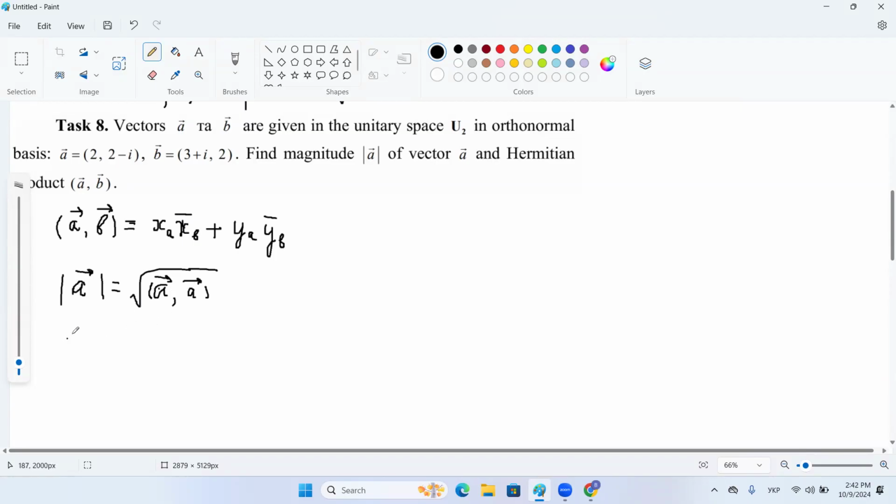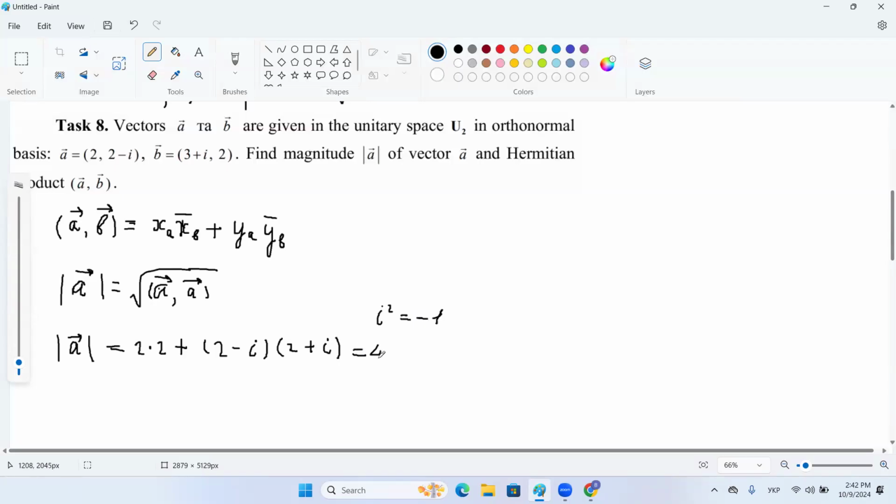So let's find the magnitude of vector A. We multiply 2 by 2, because we have only the real part for the x coordinate, and for the y coordinate, 2 minus I multiplied by 2 plus I, and the square of I, as you remember, equals -1.